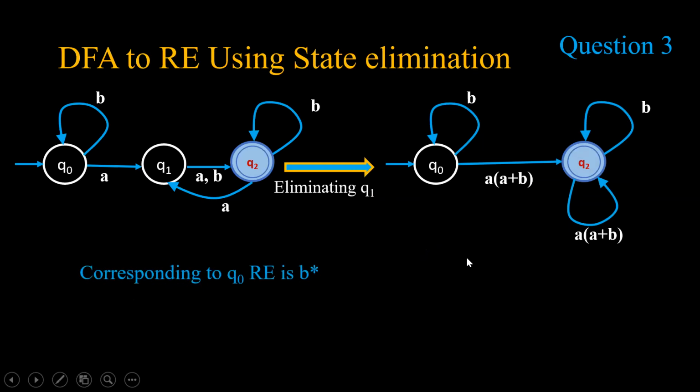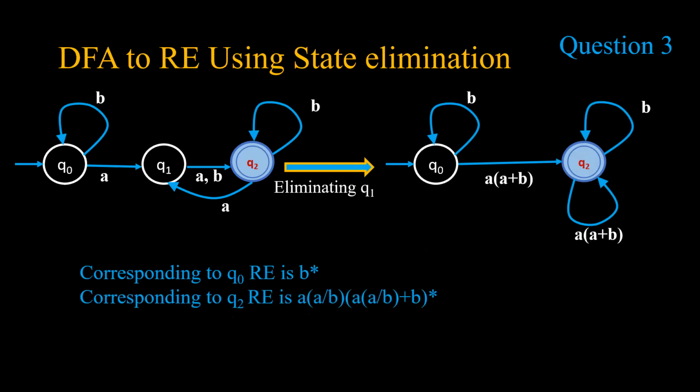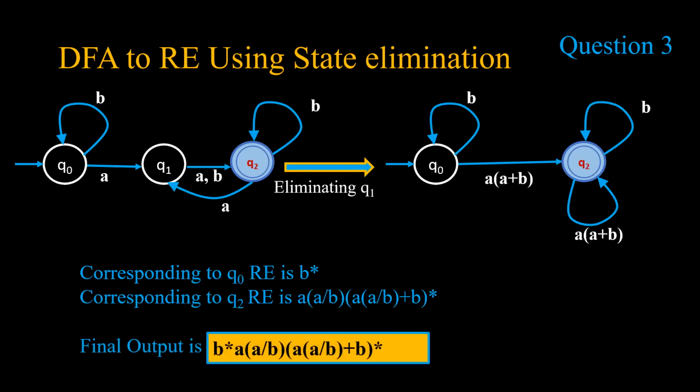So the regular expression again corresponding to Q0 is B star, whereas corresponding to Q2 it will be (A or B) into (A or B or B) whole star. So the final output will be B star (A or B) (A or B plus B) whole star.